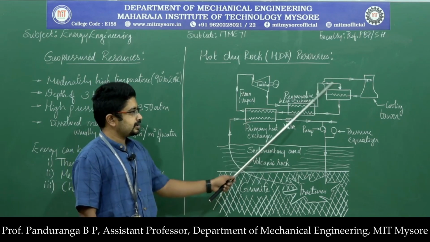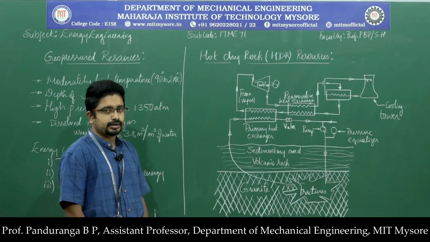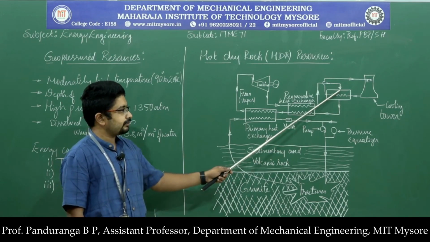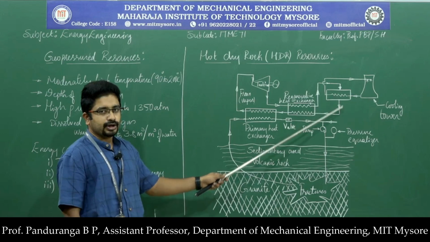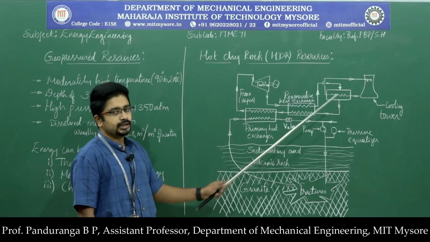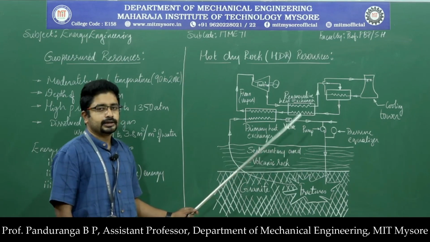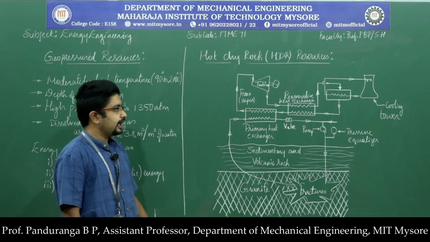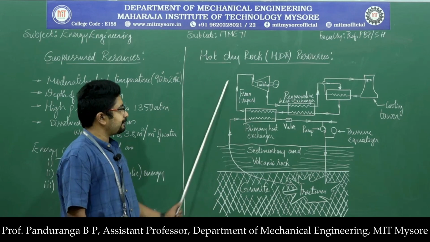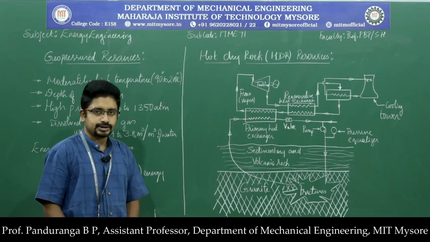From the regenerative heat exchanger, the vapor Freon enters the condenser, an indirect contact or closed condenser, where the cooling water flows through the bundles of tubes and the hot Freon vapor flows over them, gets condensed and is collected at the bottom of the condenser. From here it is sent to the regenerative heat exchanger where it gets heated till saturation temperature, and from there it enters the primary heat exchanger where it gets evaporated and that vapor enters the turbine. So that is the working cycle of a hot dry rock geothermal source.